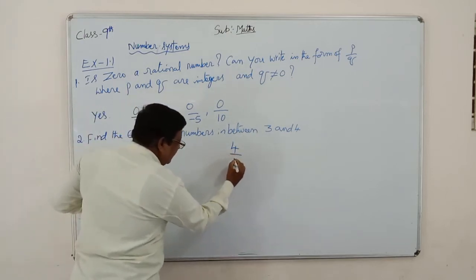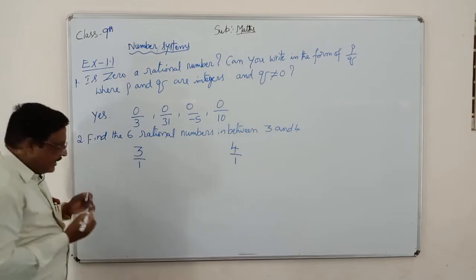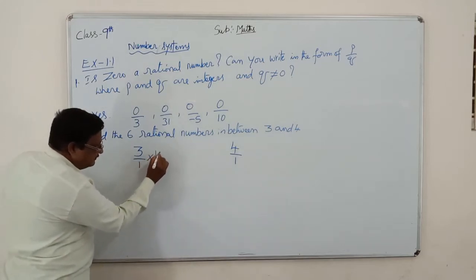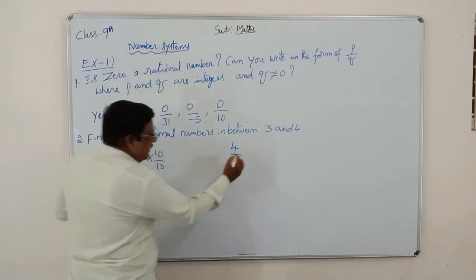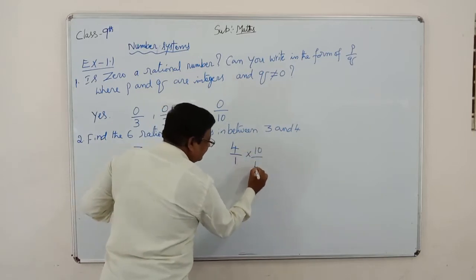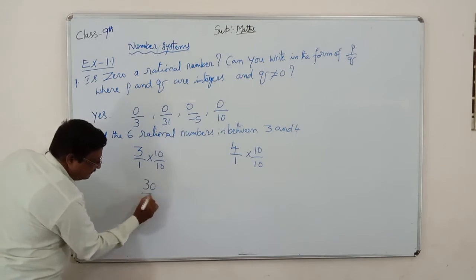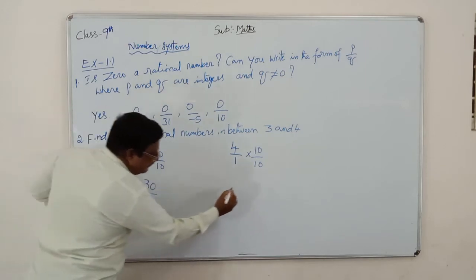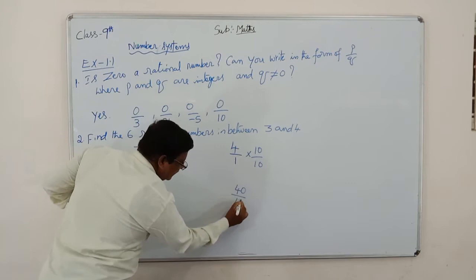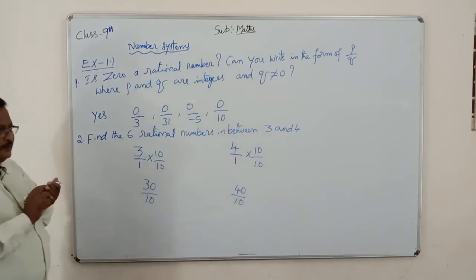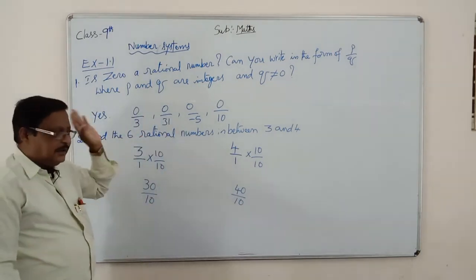Multiply and divide by 10 on both. So 3 into 10 is 30 by 10, and 4 into 10 is 40 by 10.